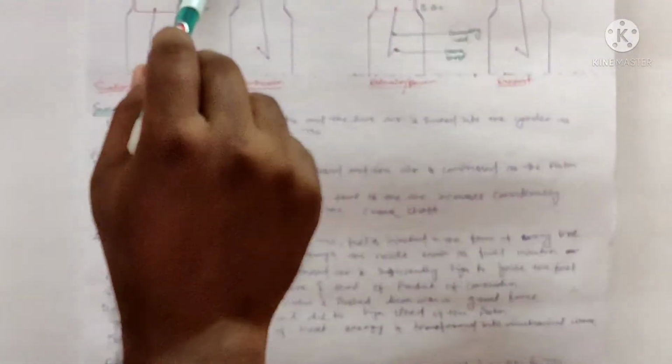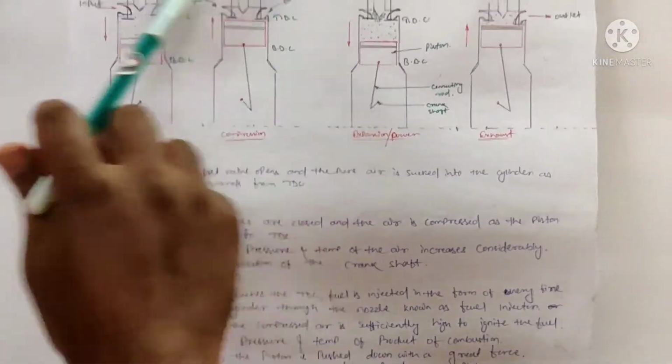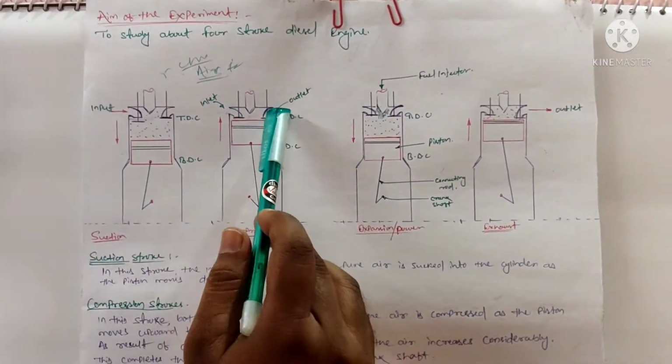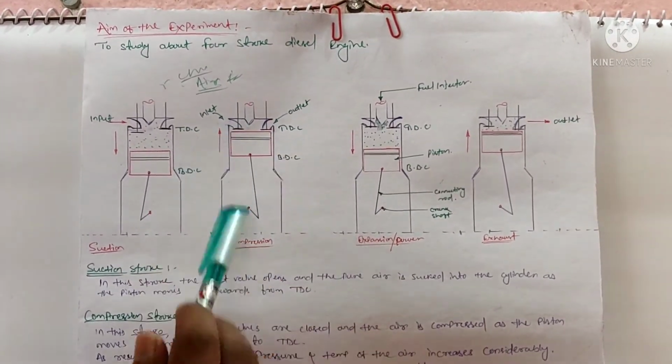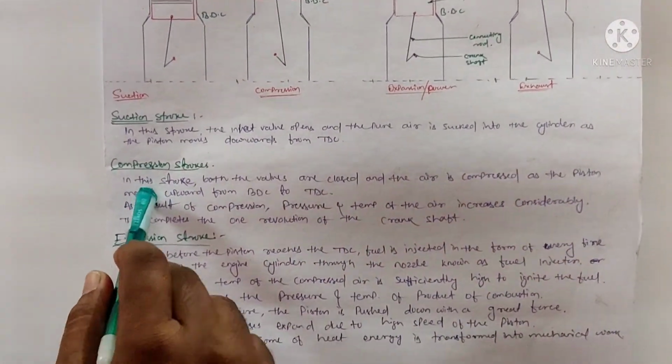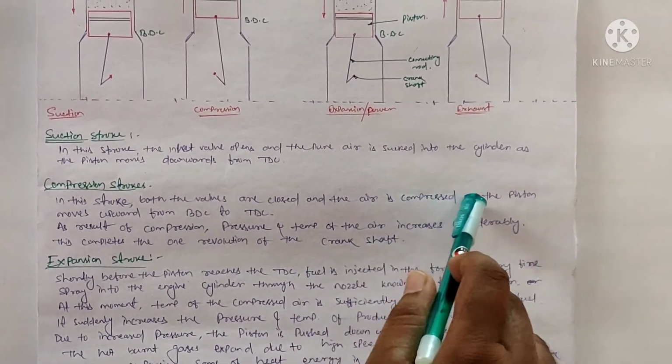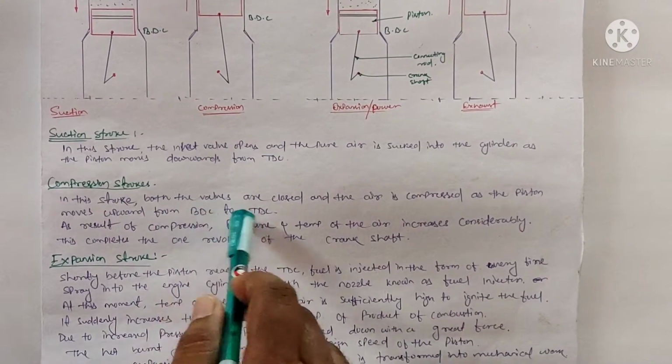In this stroke, both inlet and outlet valves are in closed condition. You can see here the inlet valve and outlet valve are both closed. So in this stroke, both the valves are closed and the air is compressed as the piston moves upward from BDC to TDC.